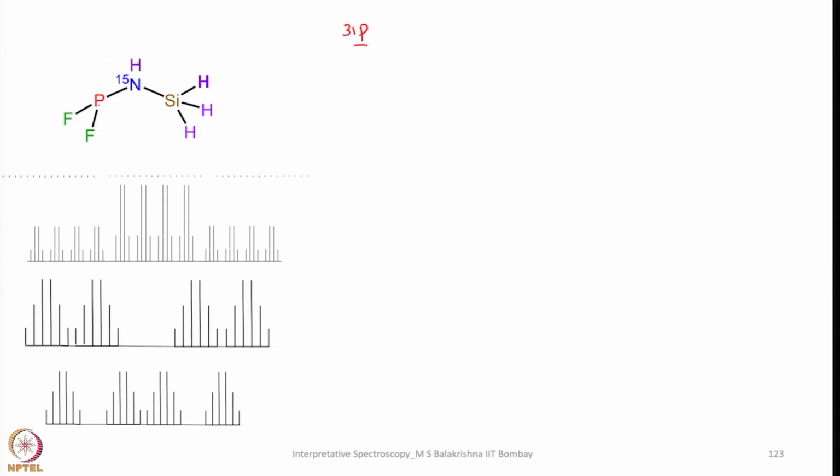In 31P NMR, you can see 2 fluorines are there, and you know the 1J PF coupling is much larger. So, what you can do is first split into a triplet. This is your 1J PF coupling. Next, it is coupled with nitrogen here.